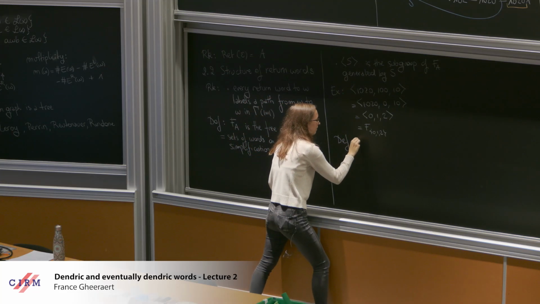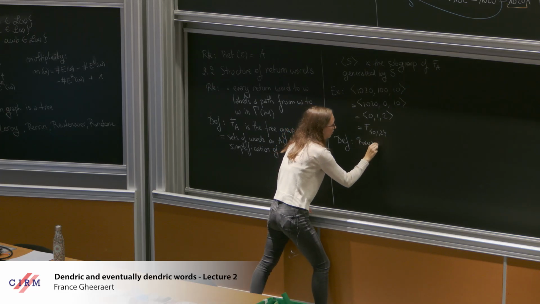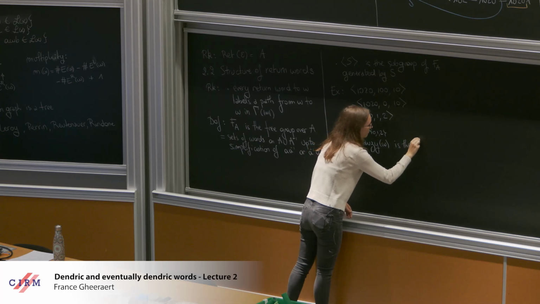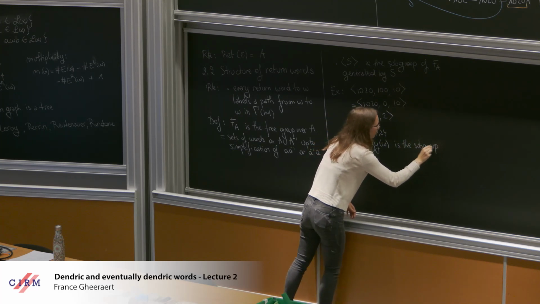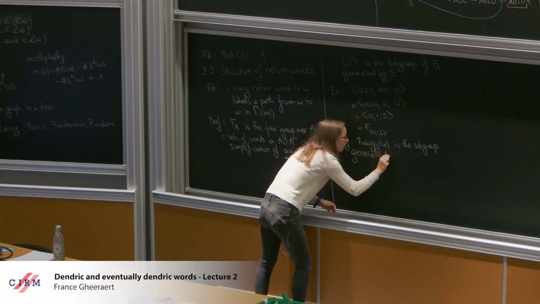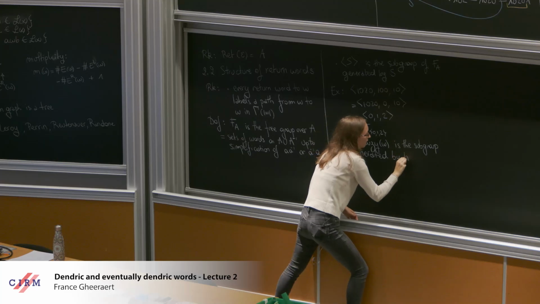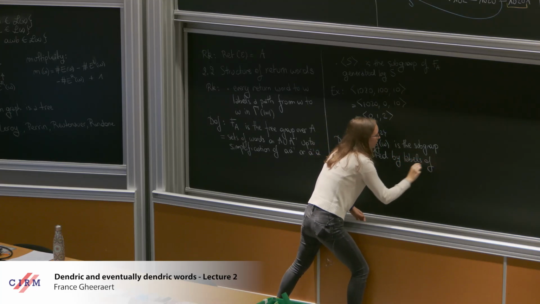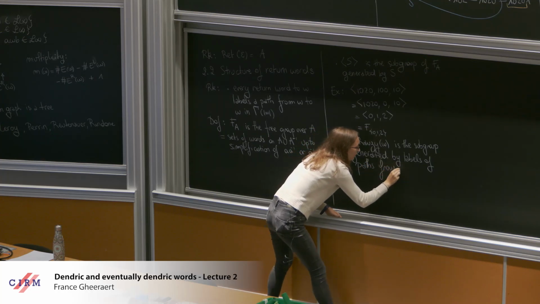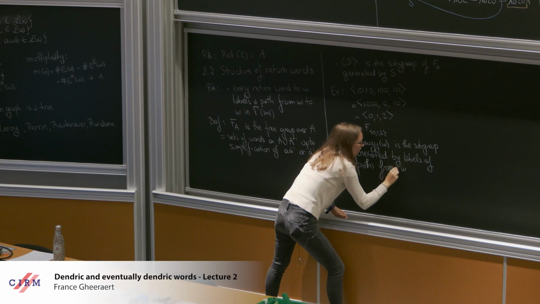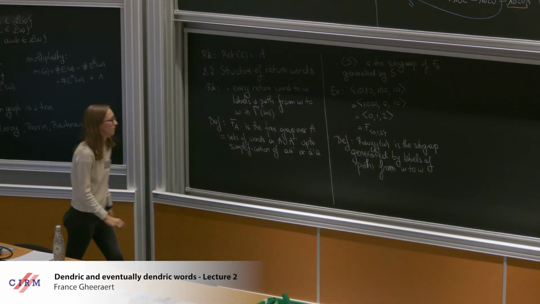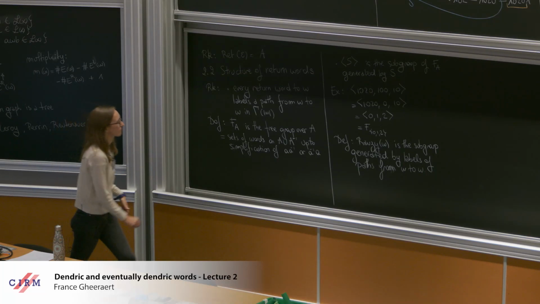I will write it Rosy of W, the subgroup generated by labels of paths from W to W.